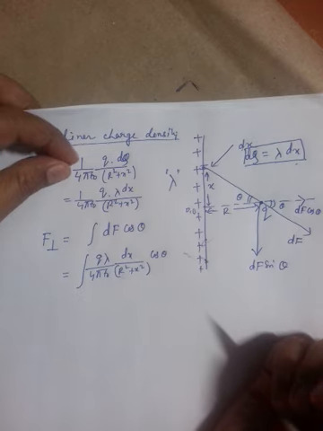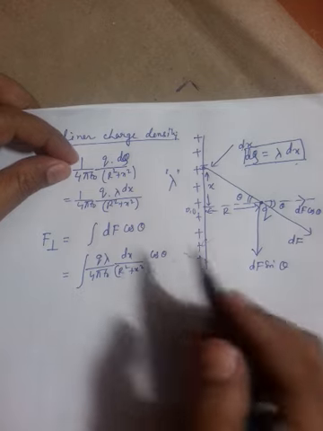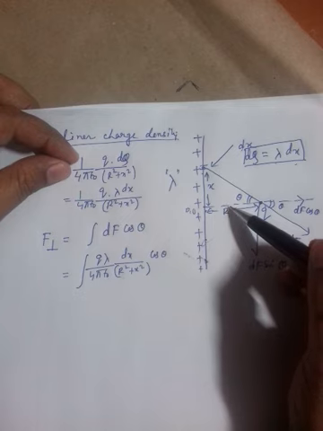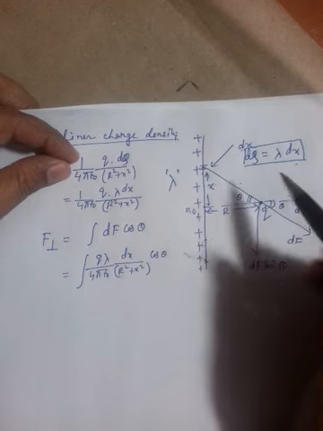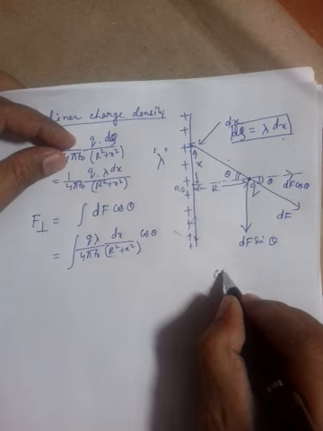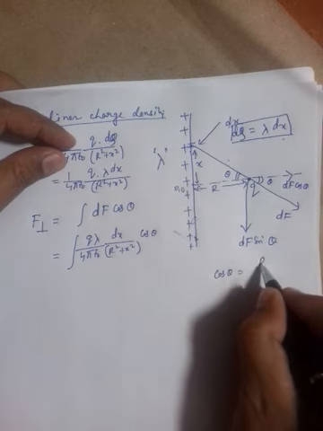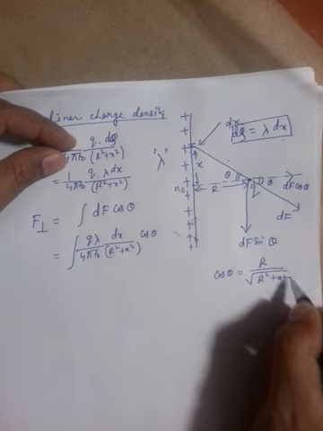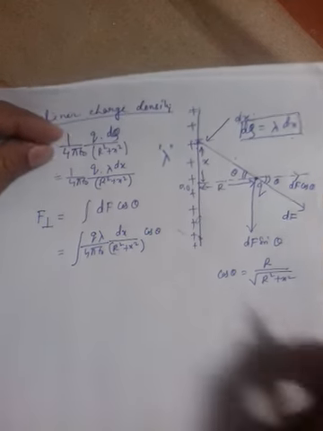Cos θ we can replace from the drawing. Cos θ is base by hypotenuse. In that way, cos θ, if you write from the figure, is r by under root r² + x². I have no difficulty in that.